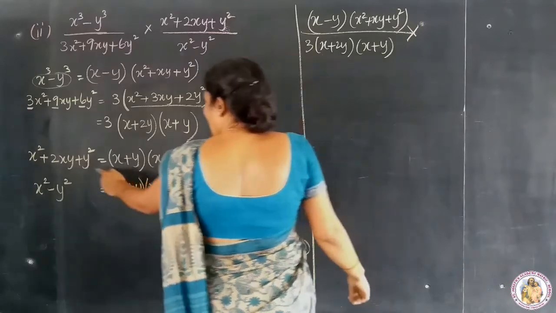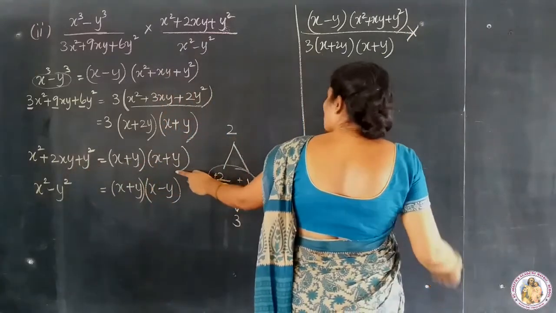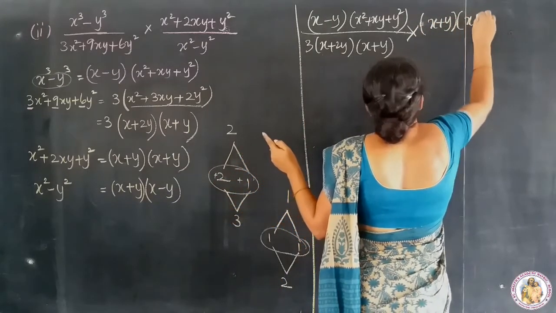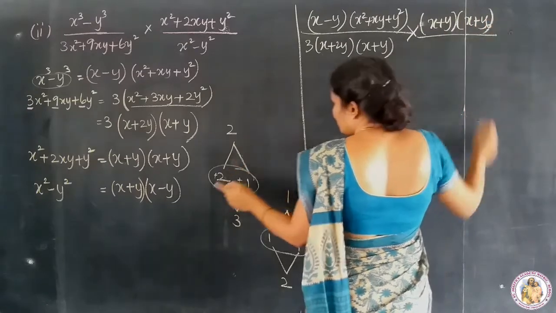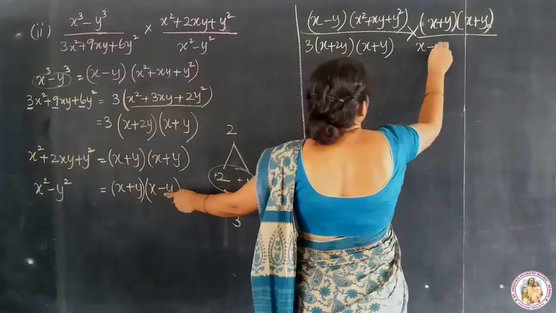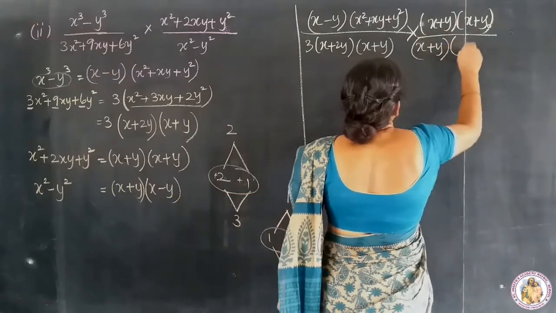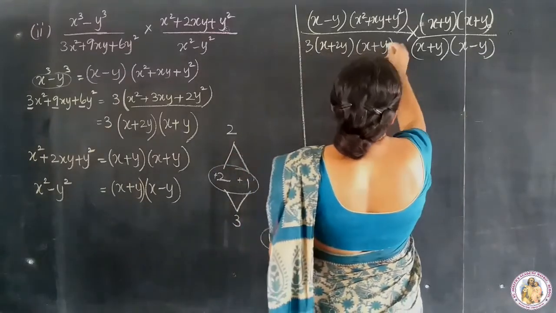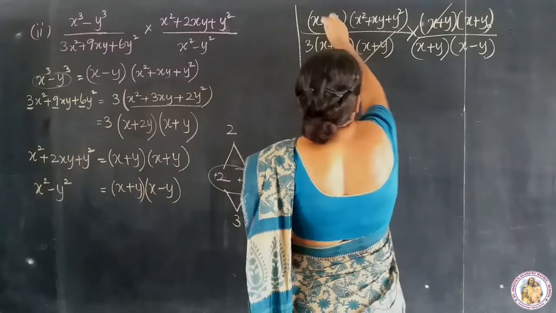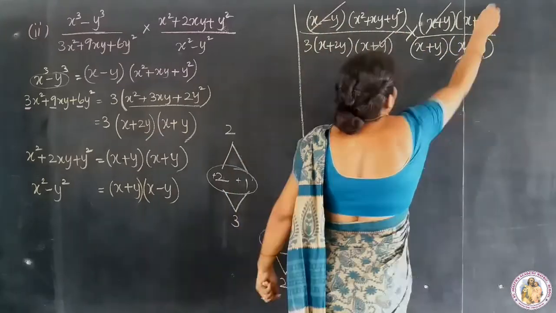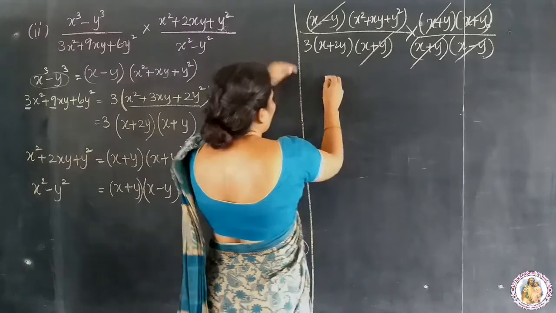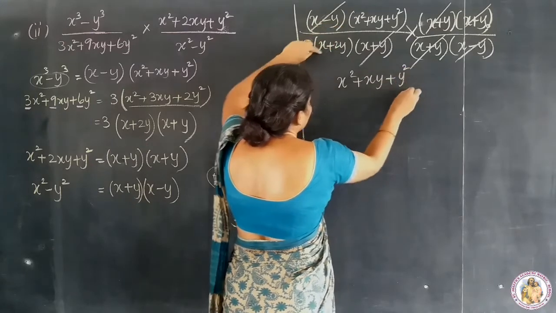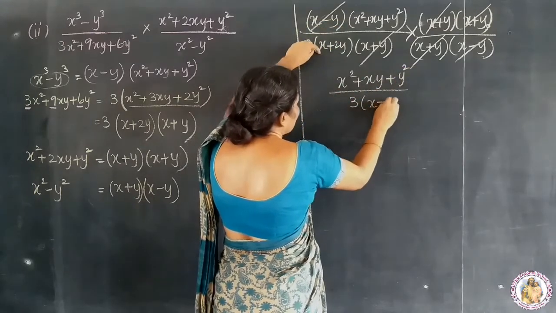Into x square plus 2xy plus y square is equal to x plus y, x plus y, divided by x plus y and x minus y. Okay, now x plus y cancel, x minus y cancel, x plus y cancel, and remaining we have x square plus xy plus y square divided by 3x plus 2y.